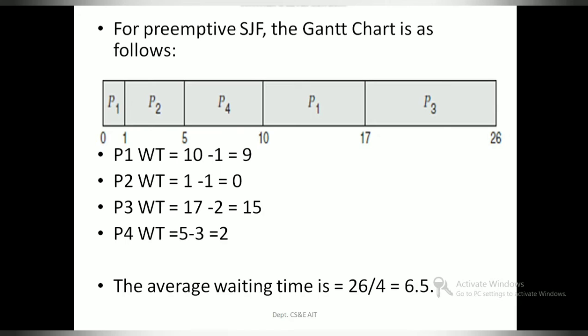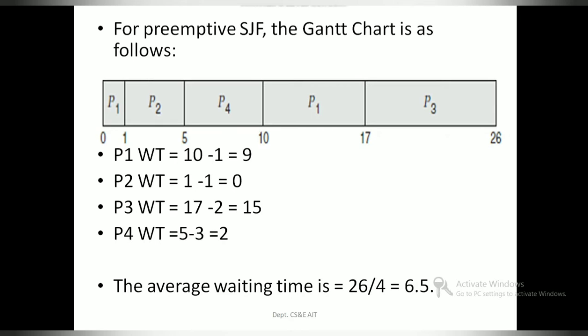There is no previous occurrence of P3, so I come up with the number 15. So P3's waiting time is 15. Talking about P4, P4 waited for 5 milliseconds, and again I deduct the arrival, that is minus 3. I come up with a waiting time of 2 milliseconds.